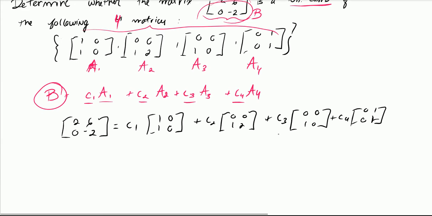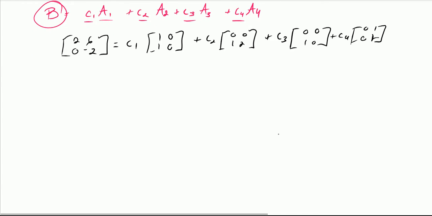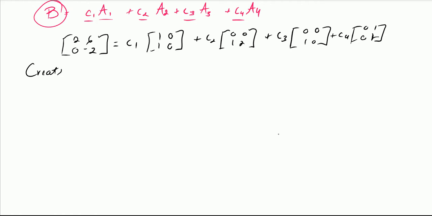Now I want to create a system of linear equations using this. I'm just going to make each entry of the matrix a linear equation with the respective entries of each matrix.